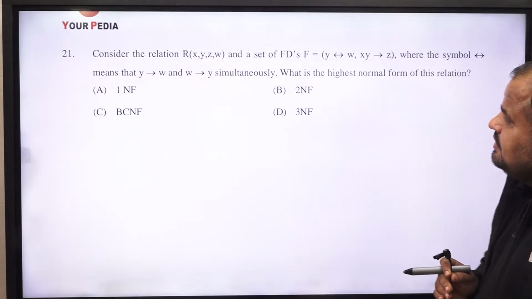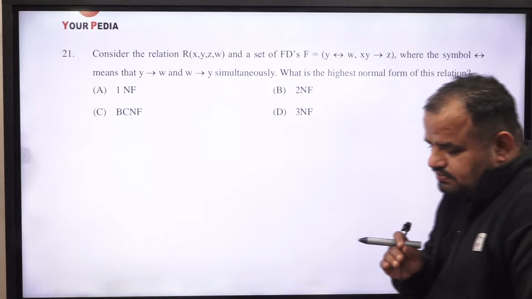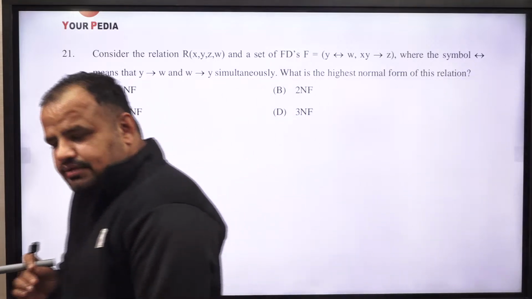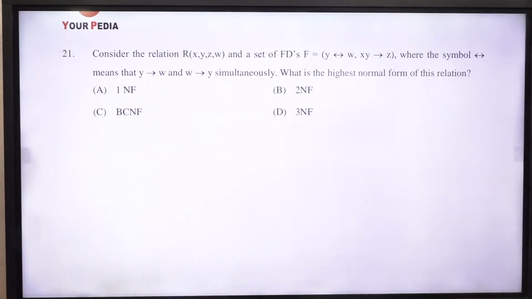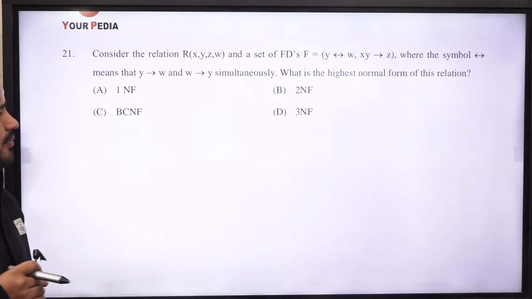Yes, tell me, what is the highest normal form? These types of questions were already asked in previous papers. So try to save maximum time in other questions. Sometimes a question may be lengthy but easy in nature. So you have to save that time on those questions and give the time to these types of problems.